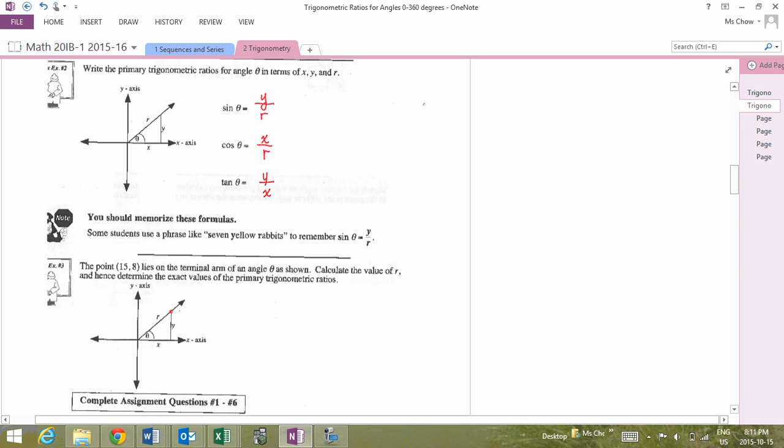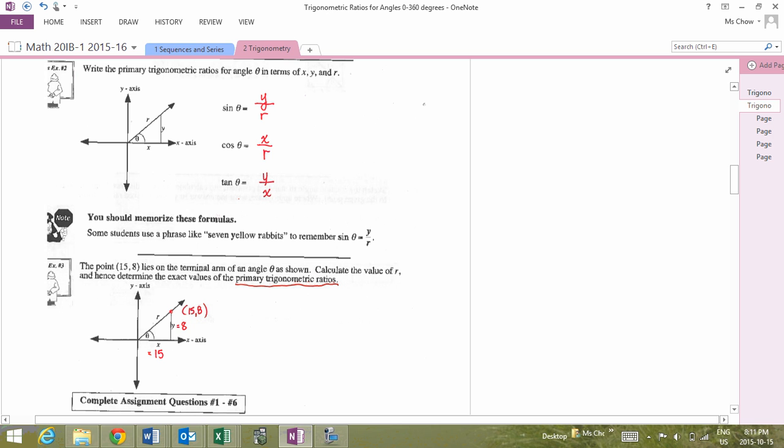So if that is our point, that is (15, 8). We can recognize that our x value is going to be 15 and our y value is going to be 8.